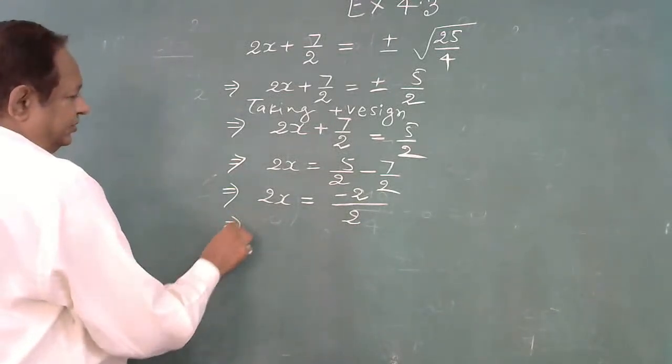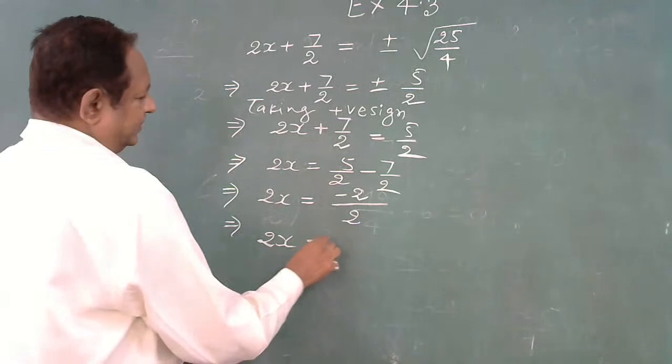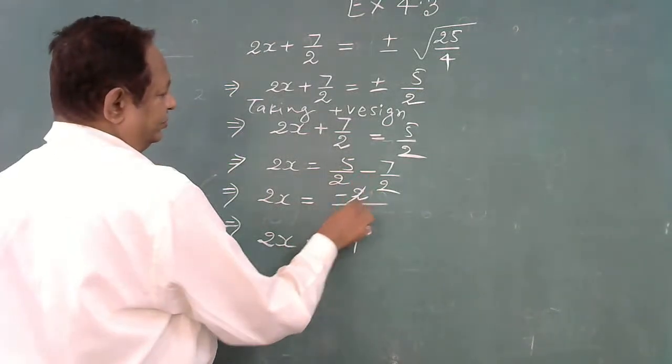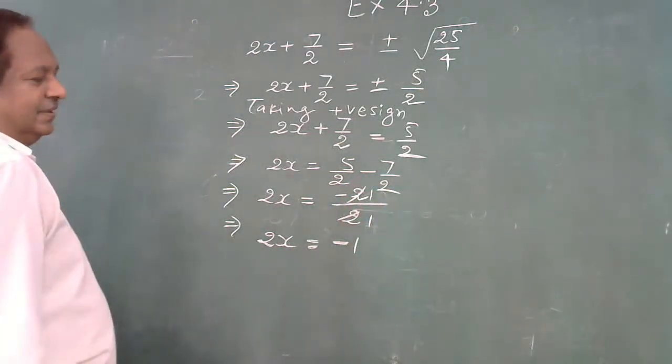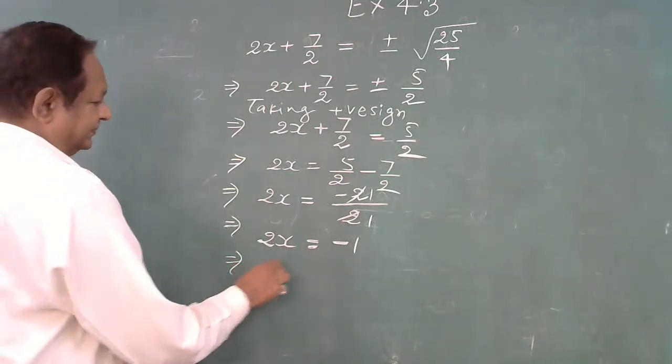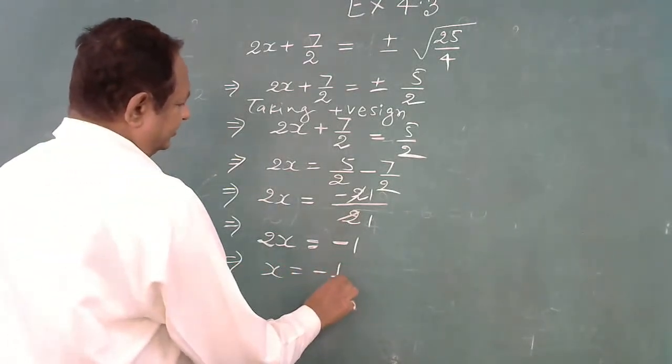This implies that 2x is equal to minus 1, 2 cancel, so x is equal to minus 1 by 2.